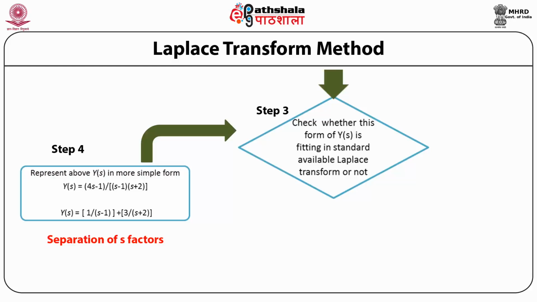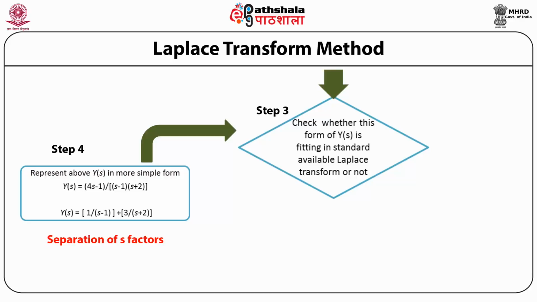So 1 divided by (s minus 1), the Laplace inverse transform is just e power x. Then 3 divided by (s plus 2): 3 is a constant, so you take it out, then s minus of minus 2.